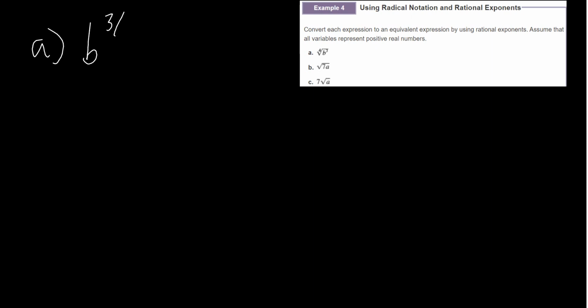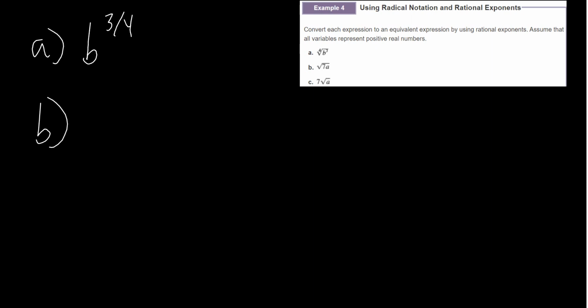And then B, this is cool because B and C kind of look the same, okay? But obviously they're not. Spoiler alert. So we have the square root of 7a. So both the 7 and the a are inside the radical.